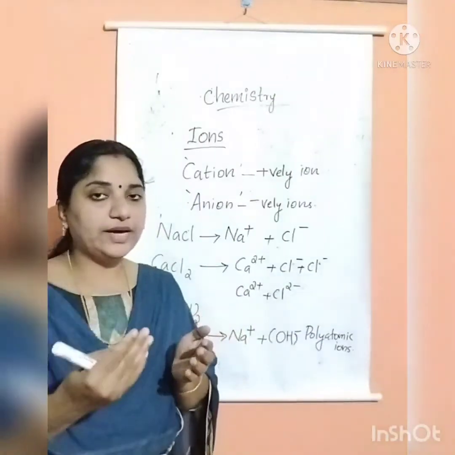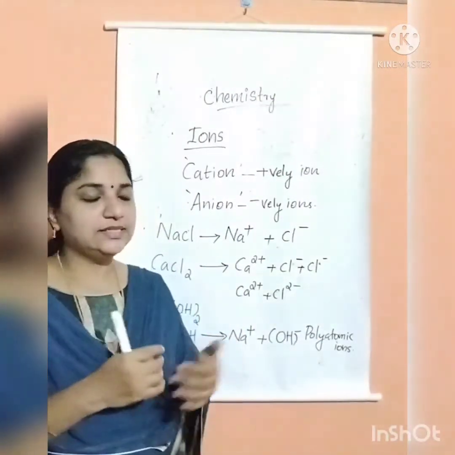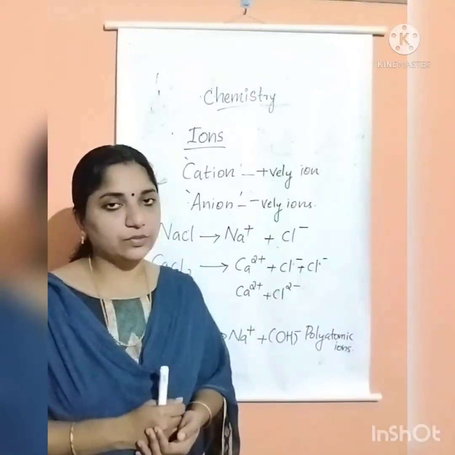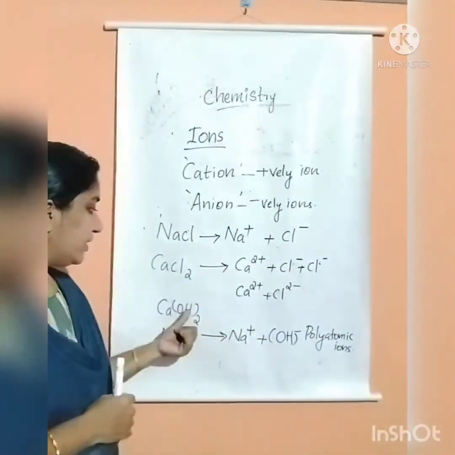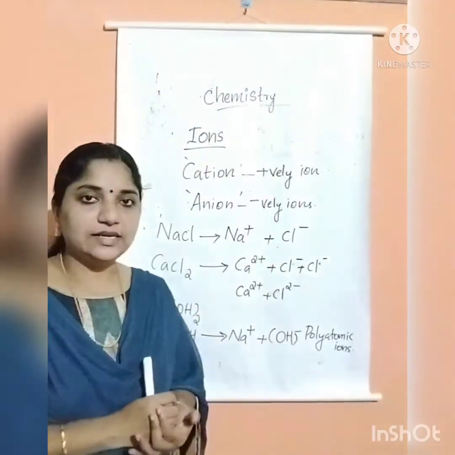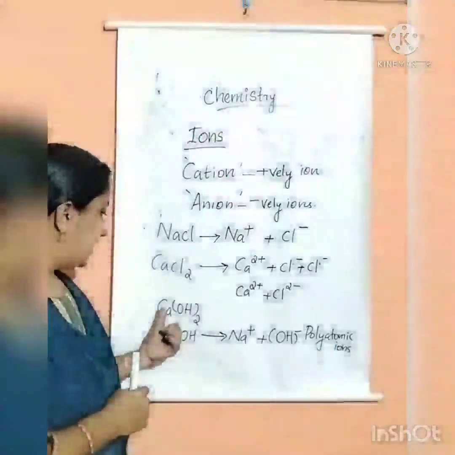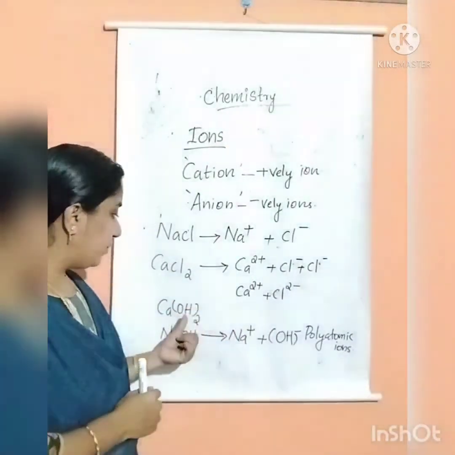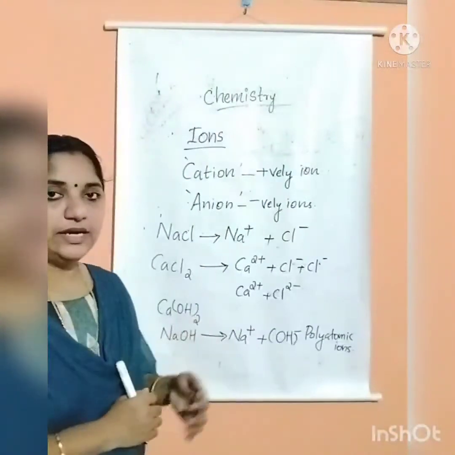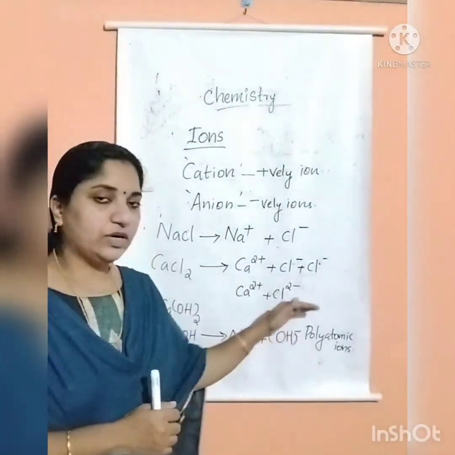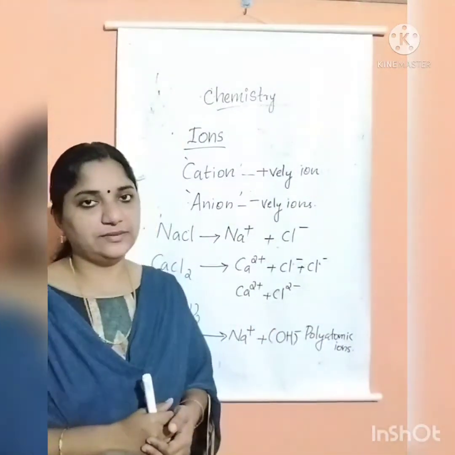So a group of atoms having a particular charge is known as polyatomic ions. Here also OH 2 minus, so the charges will cancel each other. Here Ca2+ and OH2-. Here also a polyatomic ion, that is OH, hydroxyl group. So this kind of ions are known as polyatomic ions.